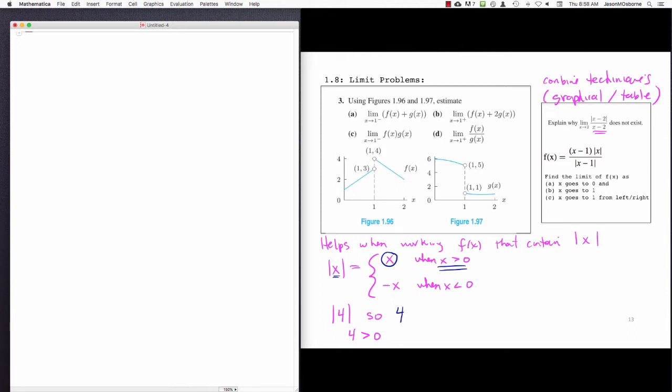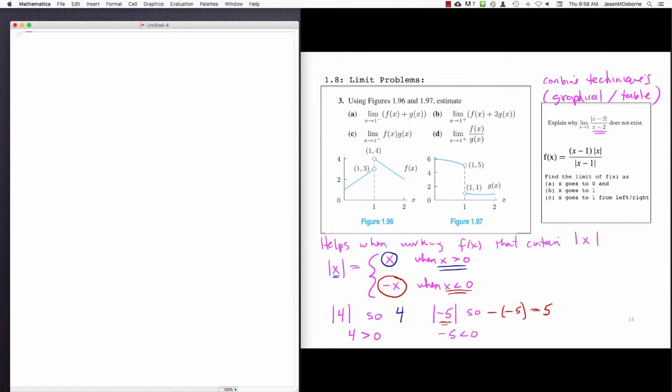But if you take the absolute value of, say, negative 5, negative 5 is less than 0, so you get kicked into the second piece, and you're supposed to take the negative of the value that's in there, so you get negative negative 5, which is positive 5. So it has the end result of making whatever was inside of it positive, but the definition does that by introducing a double negative.